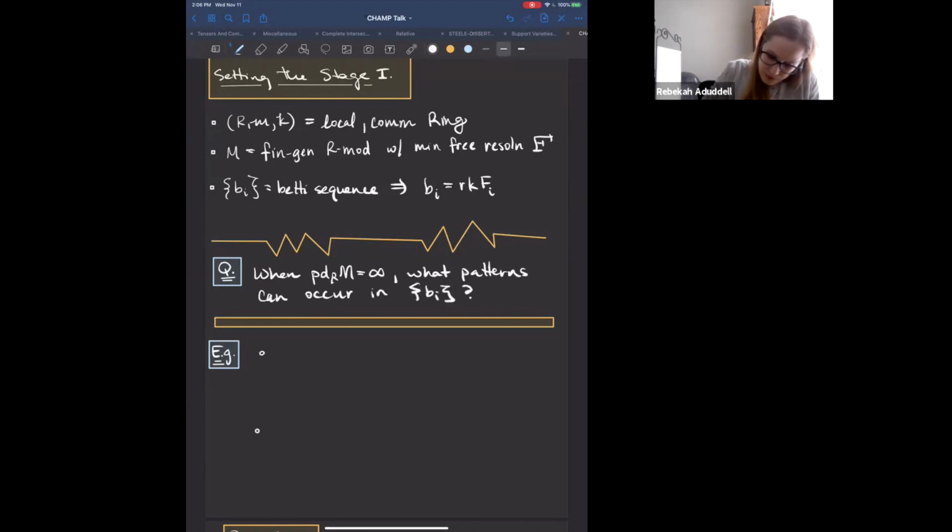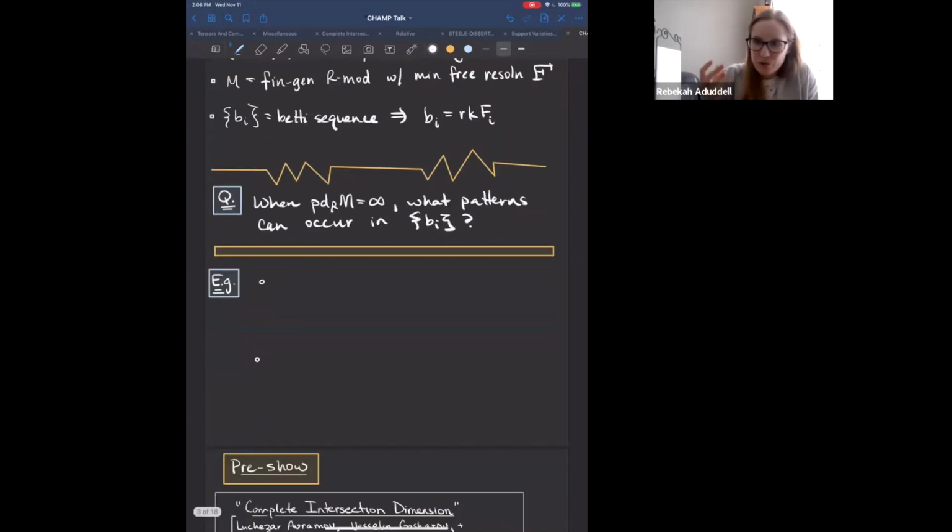Some well-known facts: when our ring is not a complete intersection, which I'll denote as CI, the Betti sequence of the residue field eventually has exponential growth.